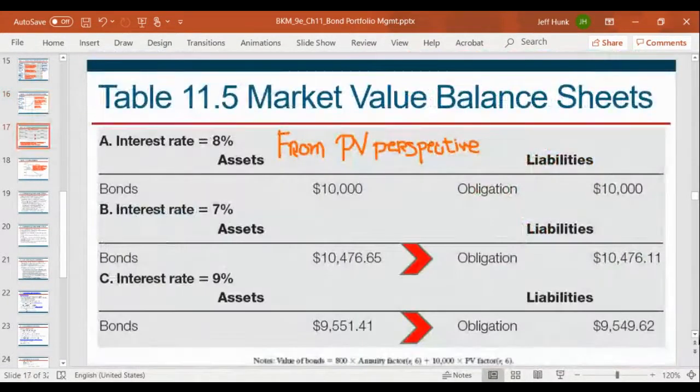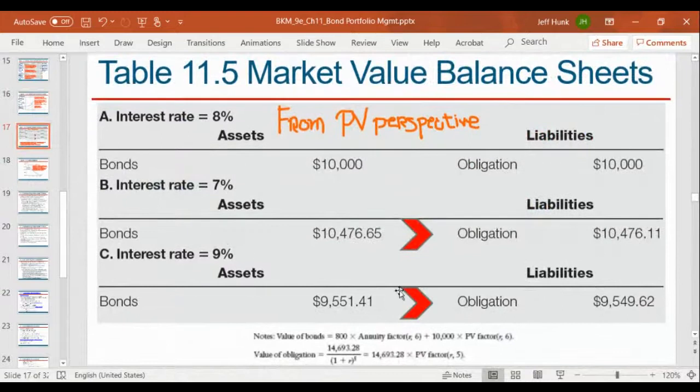Now, let's take a look at table 11.5. And table 11.5 is actually looking at the same example now from present value perspectives, right?